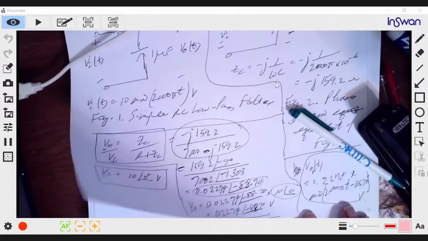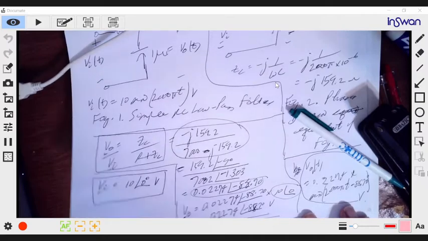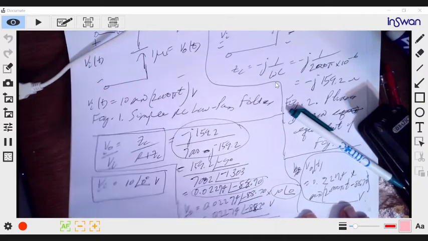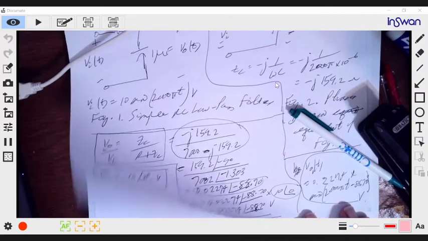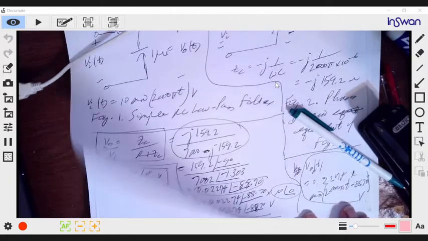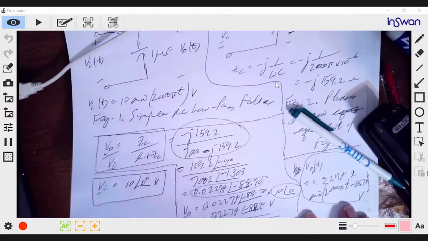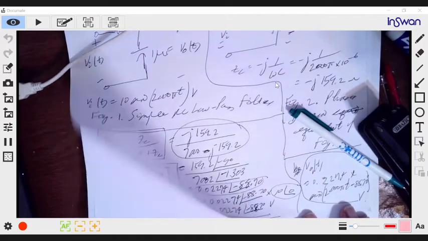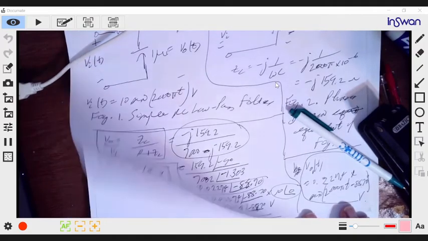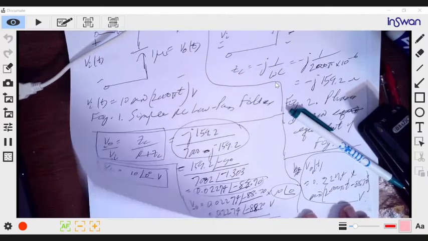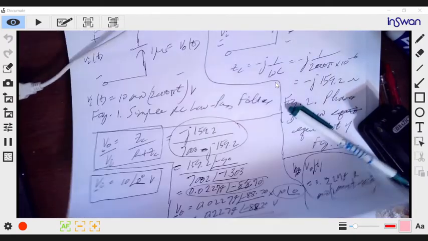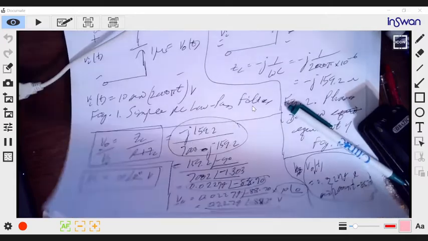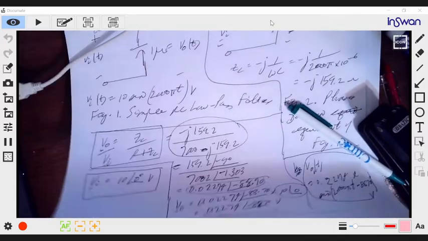It's 1,000 hertz. So let me stop sharing a second.